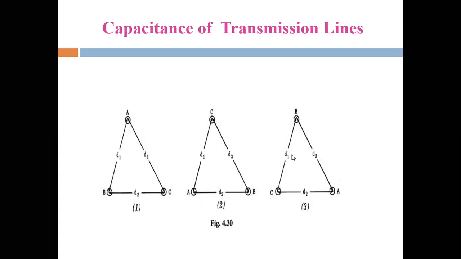This is the transposed conductors diagram. In it, the conductors A, C, B are transposed to B, A, C and then C, B, A. This is the unsymmetrical spacing between the conductors.